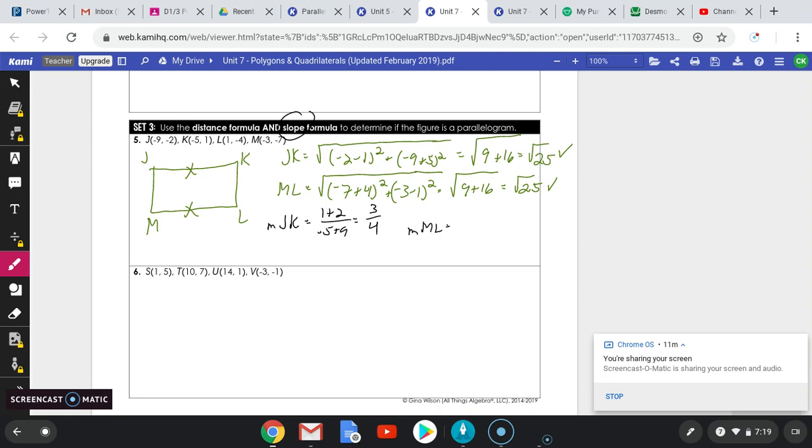That's going to be -7 plus 4 over -3 minus 1, which gives me -3 over -4, which does reduce down to positive 3/4. Lo and behold, everything worked out. So therefore, yes, this figure is a parallelogram.